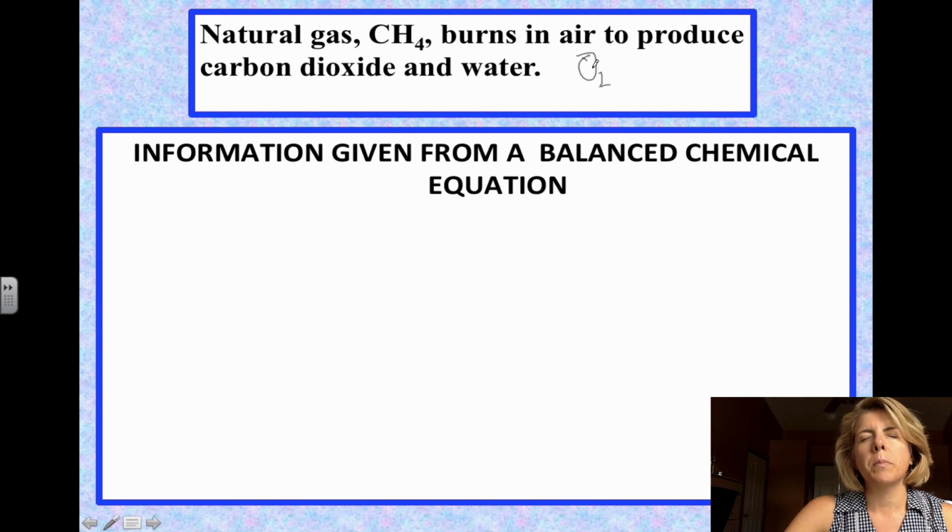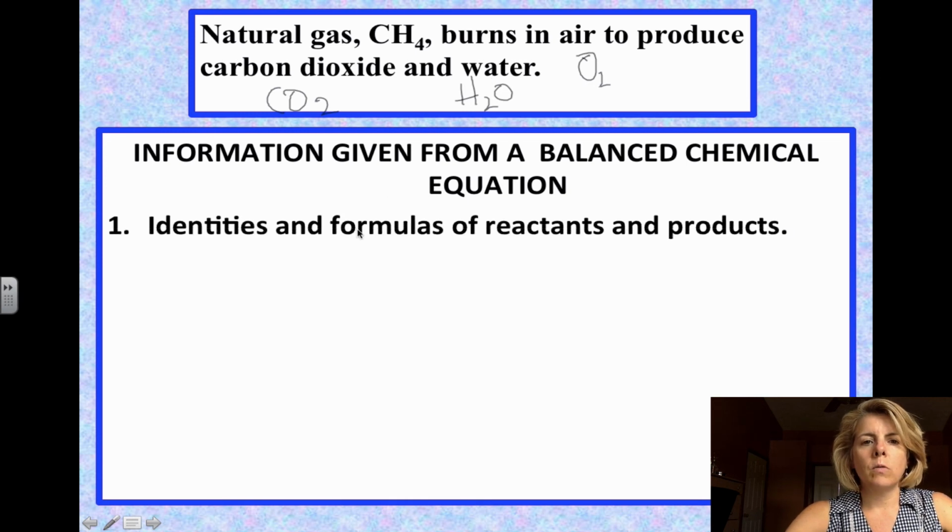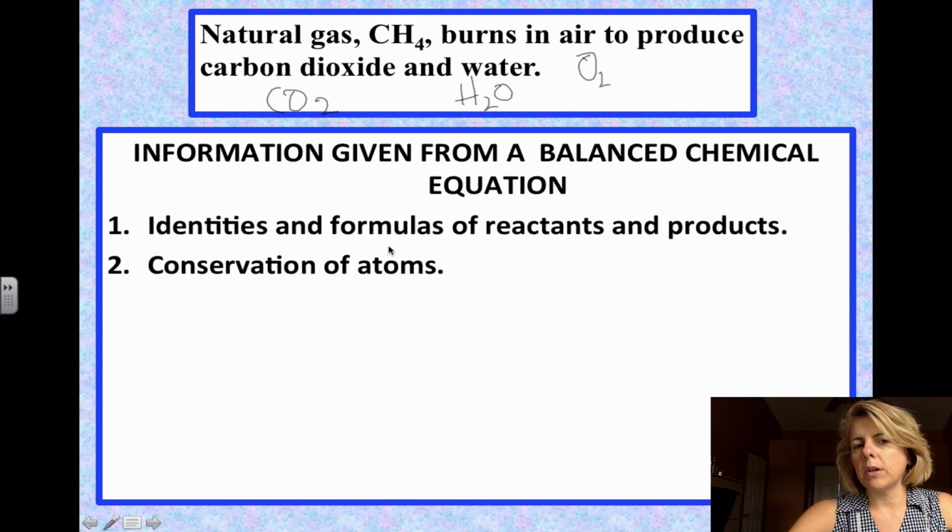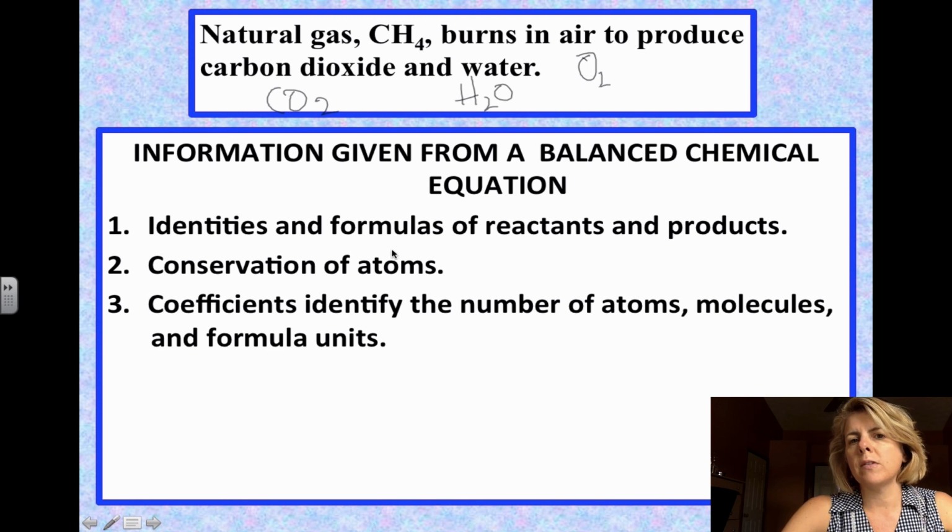Even though air is composed of more than just oxygen, we typically just look at it as oxygen. And notice it's producing carbon dioxide and water. So we're talking about CO2 and H2O. And once we've identified things, we have to conserve. We have to figure out what the coefficient of each is going to be.